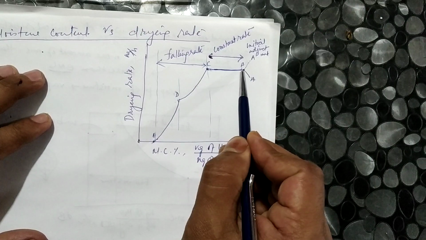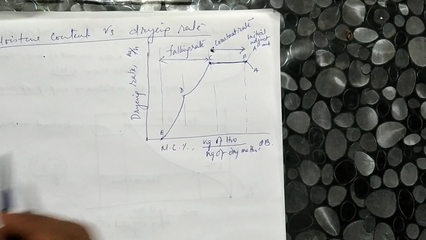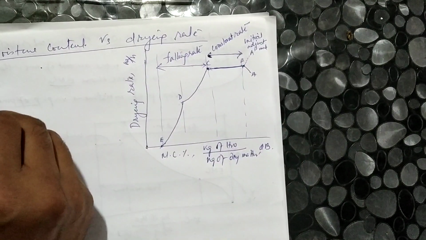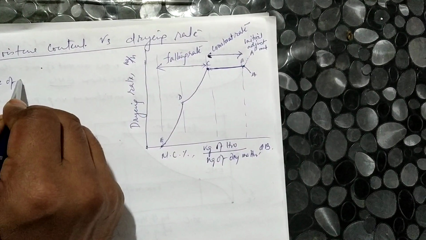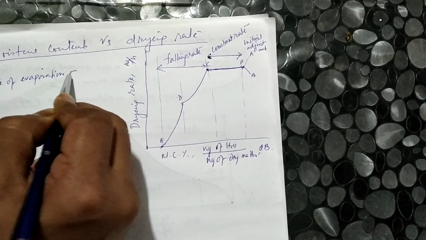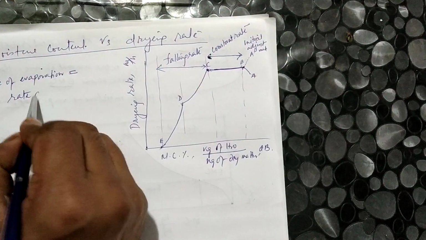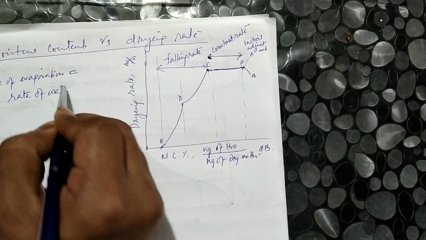Now see, at points B and C, this is called your constant rate of drying. At that condition, the rate of water evaporation is equal to the rate of water migration from the grains.